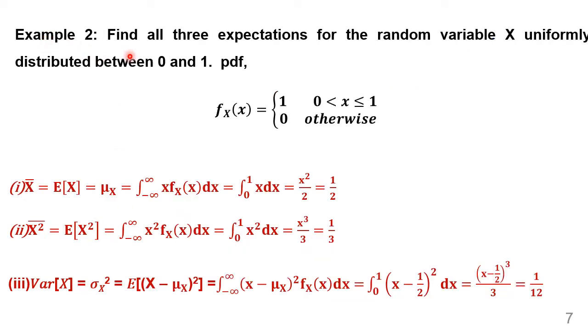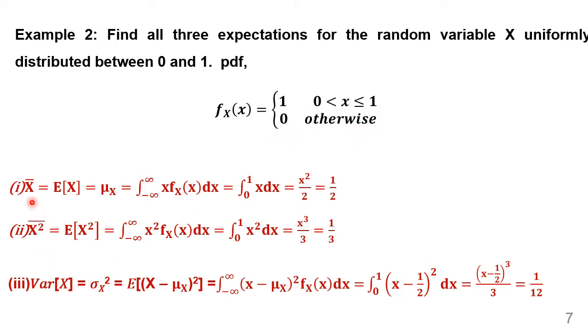Example 2. Find all the three expectations for the random variable x uniformly distributed between 0 and 1. The PDF is given as fx of x equal to 1 for all values of x varying between 0 to 1. It is 0 otherwise.